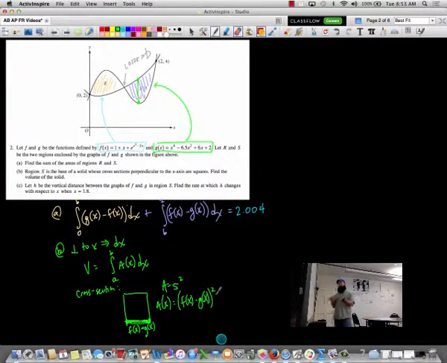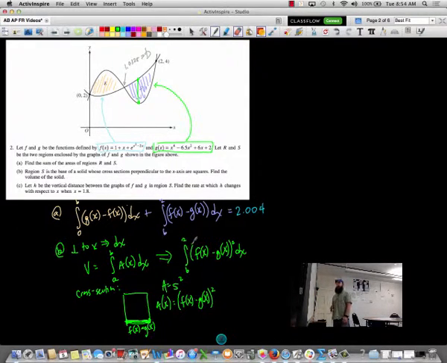So when I go to the volume now, the integrand would be f of x minus g of x quantity squared with respect to x. Now all I need are my starting and ending points, and those would be the same as in the area of that region. It would start at the intersection point, which we labeled B, and end at the other intersection point, which is 2.